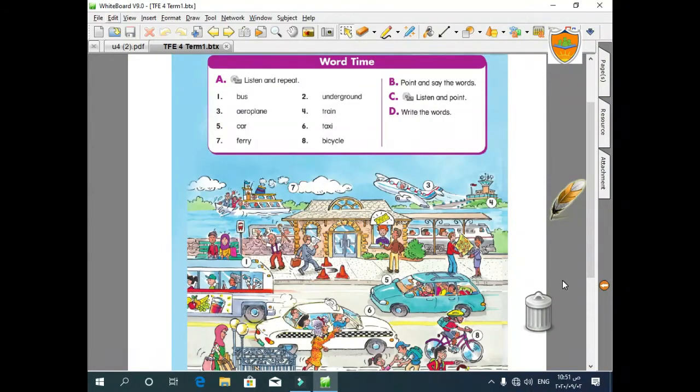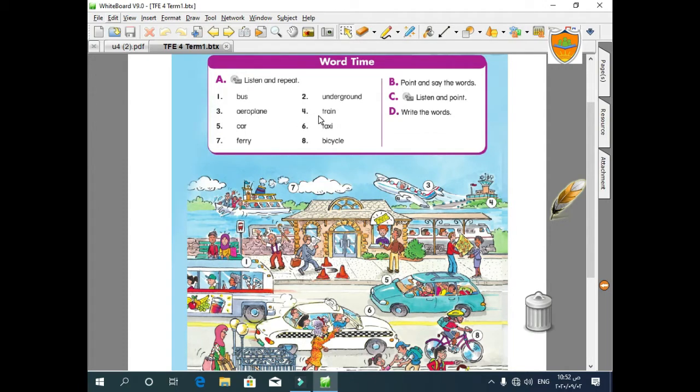Here, the new vocabulary about means of transport. Listen carefully. Number 1, bus. Number 2, underground. Number 3, aeroplane.